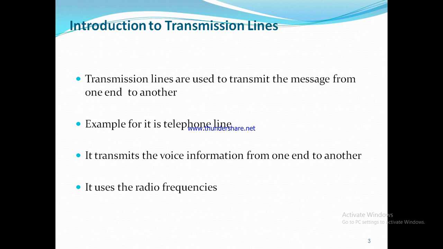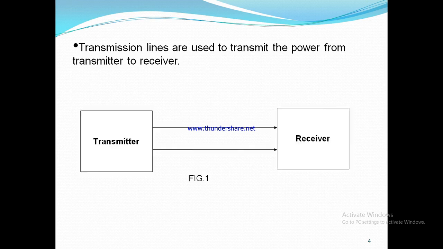The transmission lines must guide the RF signals from transmitter to the antenna with the least possible power losses. With the least possible power losses, we transmit the information or energy or power from transmitter to receiver.